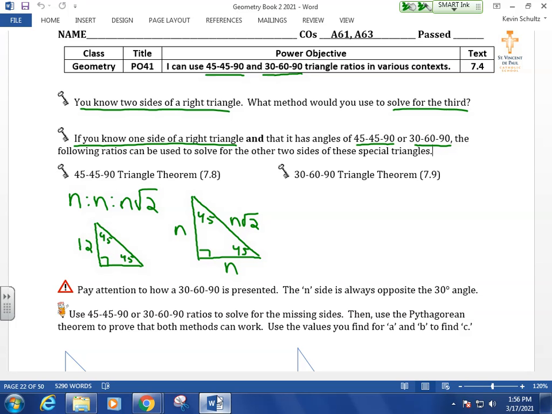What's the length of the other leg? 12. It's the same. What's the length of the hypotenuse? 12 root 2. And please do not type 12 times root 2 into your calculator and put the decimal answer. We want this to be an exact answer, so it is going to be 12 times root 2, written as 12 root 2.